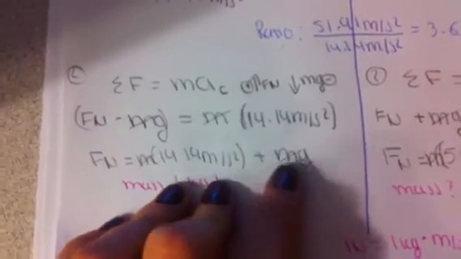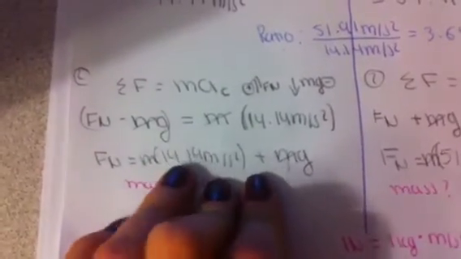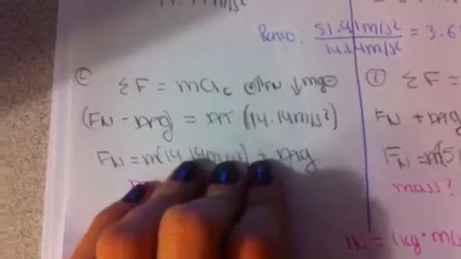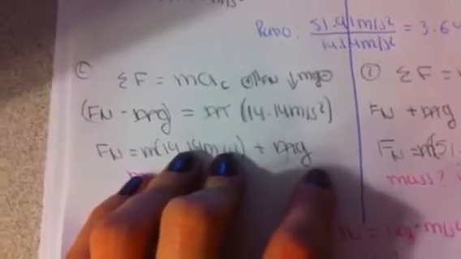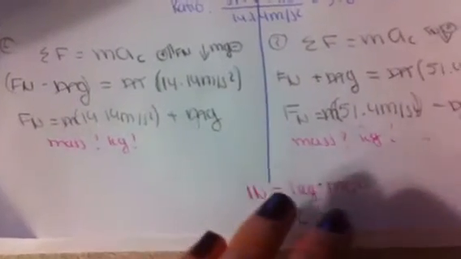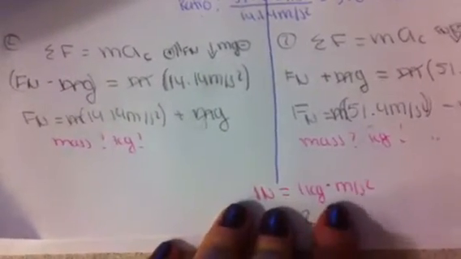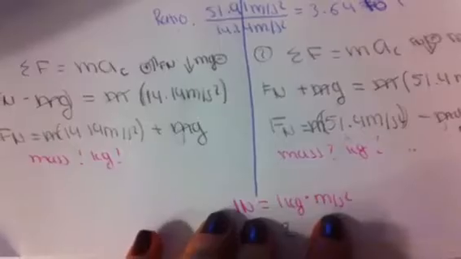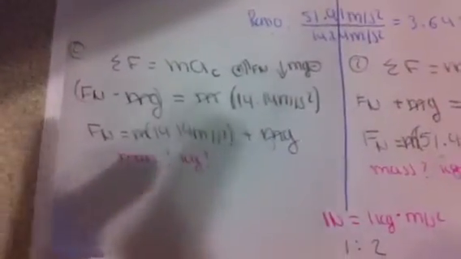We could take out the m's and solve for it, which is just gonna be 14 plus 9.81. But 1 newton is equal to 1 kilogram meter per second squared. Technically, we do need the mass in kilograms in order for us to get a newton.